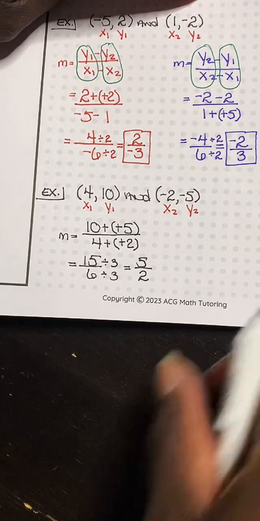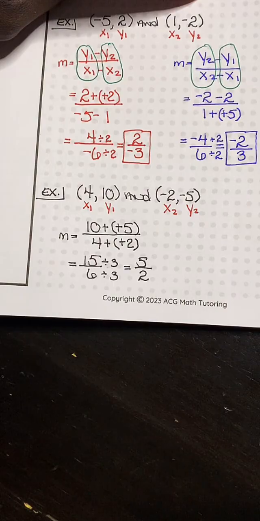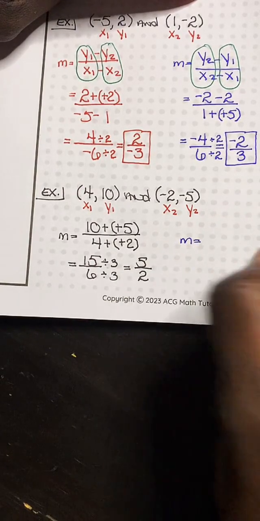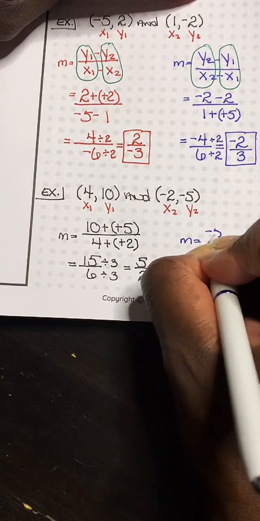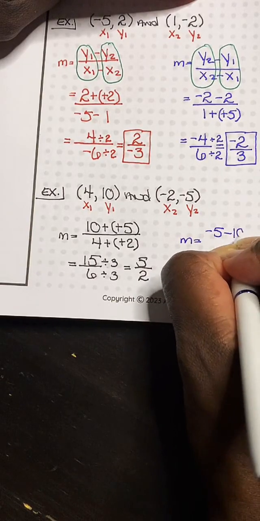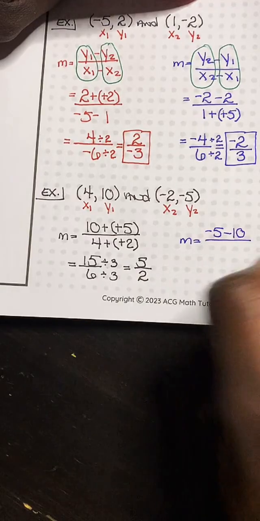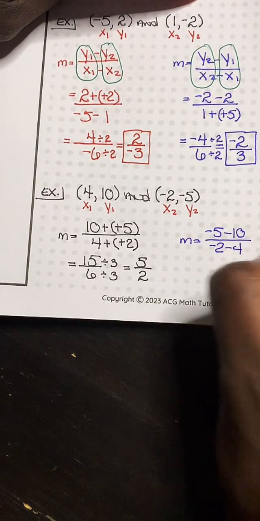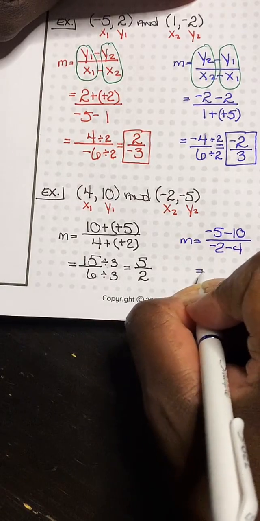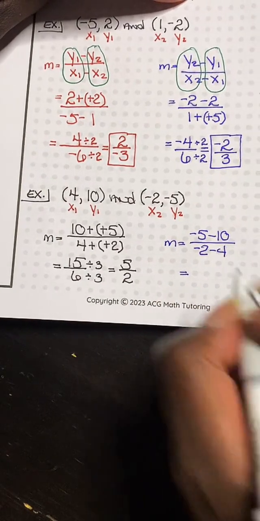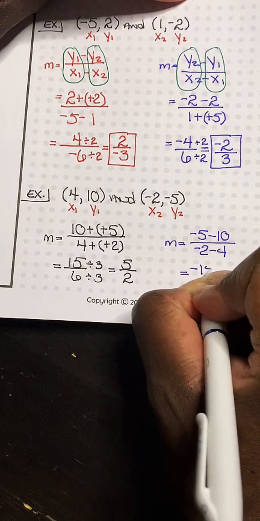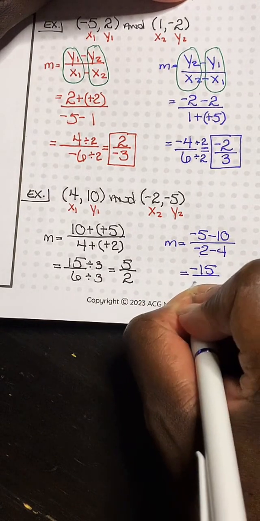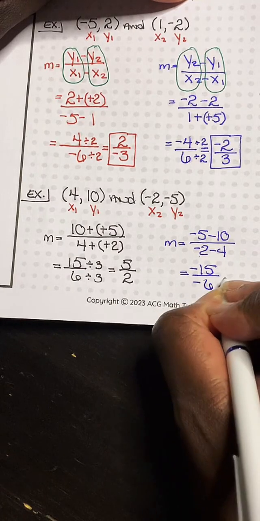Nice. Now, if you did it the other way, the traditional way, you'll get the same answer. You'll have your -5 minus 10 over your -2 minus 4. As you can tell, -5 minus 10 gives us -15, and -2 minus 4 gives me -6.